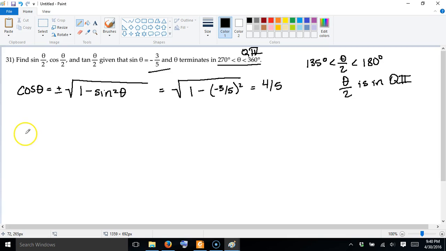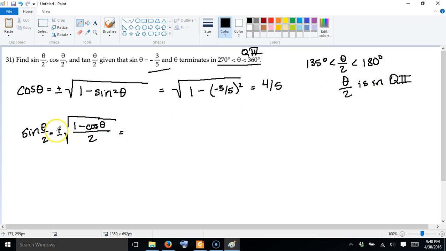Okay, so let's start with sine. Sine of theta over 2. Our identity says it's equal to plus or minus the square root of 1 minus cosine theta over 2. Now, since we are in quadrant 2, our sine value is going to be positive.